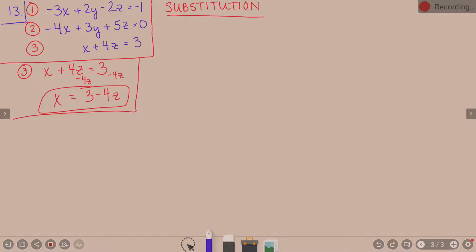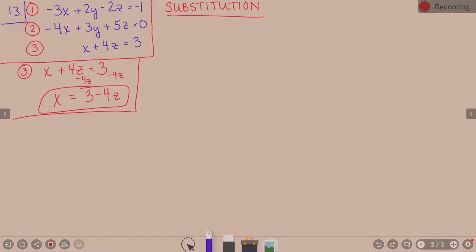Okay. Once I have one of my equations solved, what do I need to do? Take one of the other equations and plug it in. In this case, every place we see an x, I'm replacing it with 3 minus 4z.